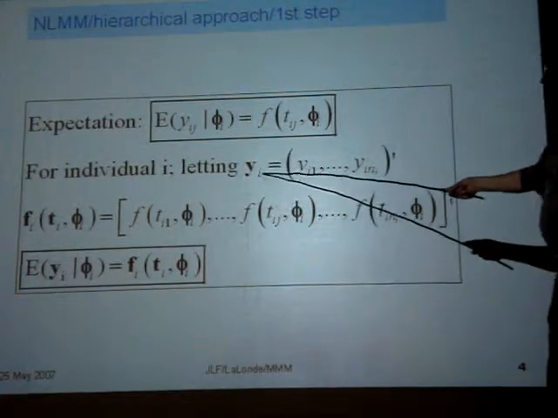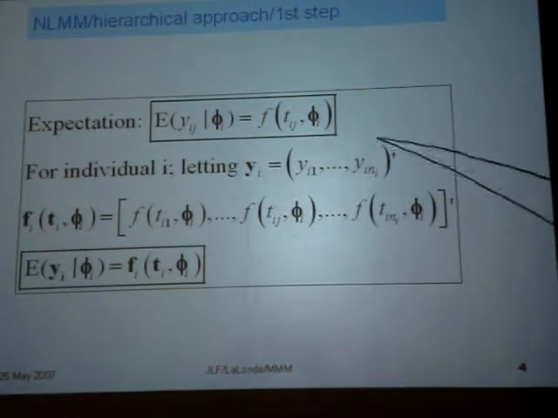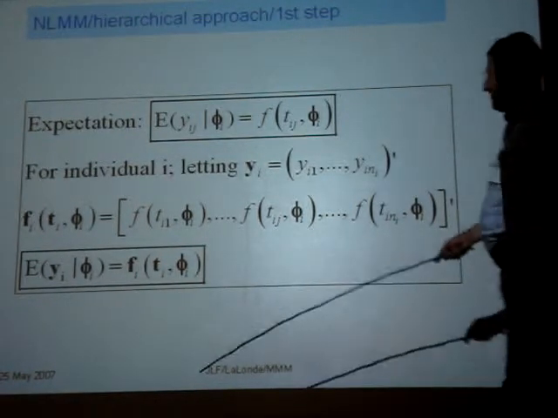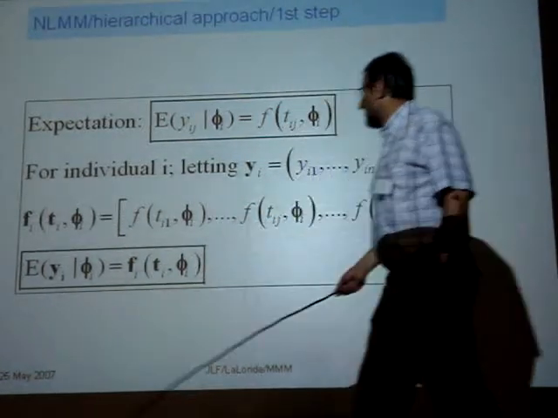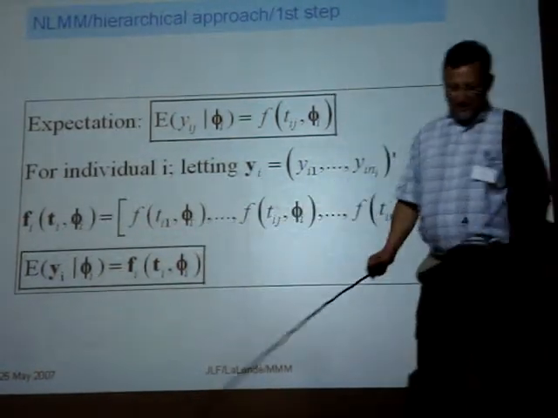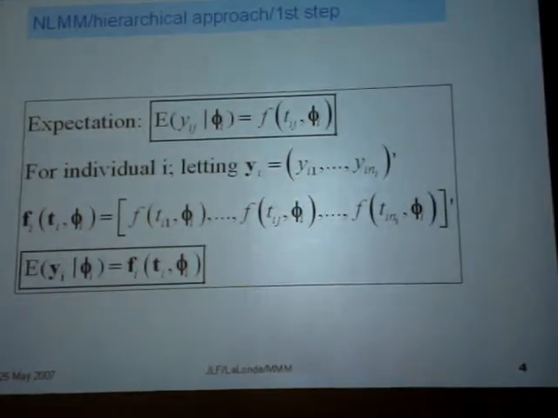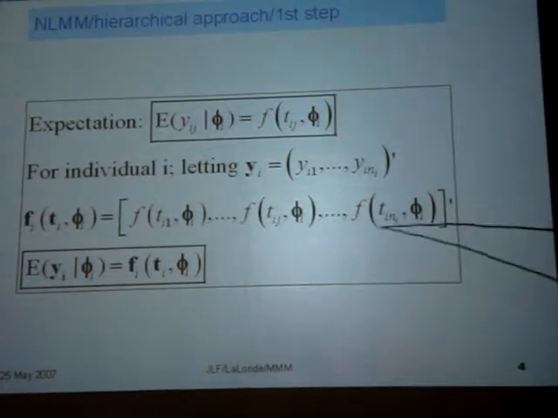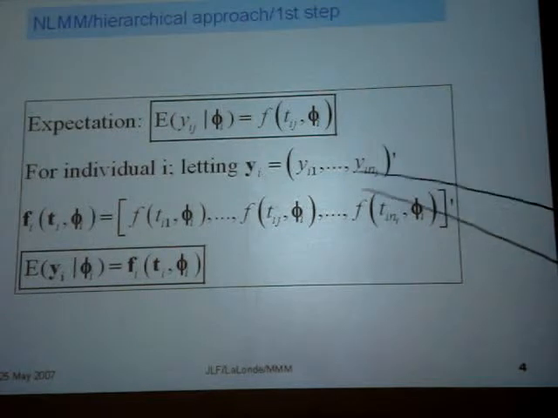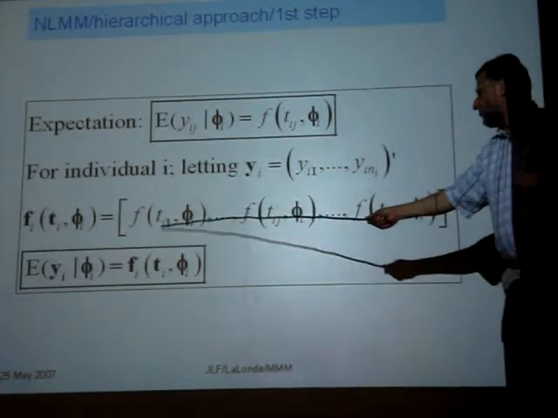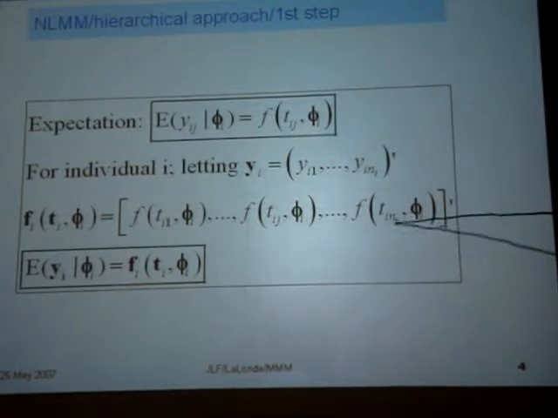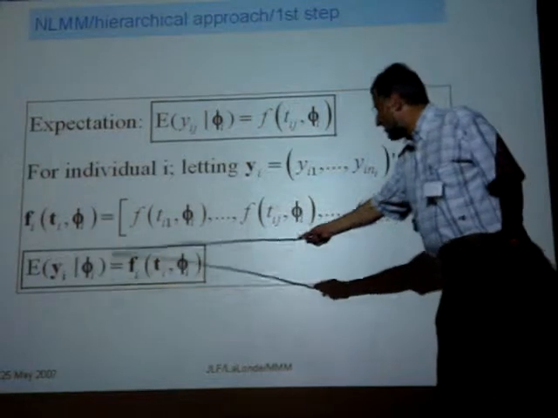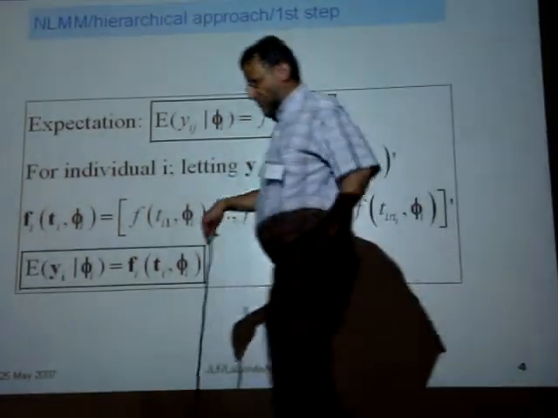So if we consider for this individual all his measurements, 1 to ni, we can represent this function f as this bold fi, function of ti, the corresponding vector of times of measurements for individual i, and phi_i, and this vector is made of the different f for each measurement, ti1, tij, ti ni. So we write the conditional expectation of this vector having this form.